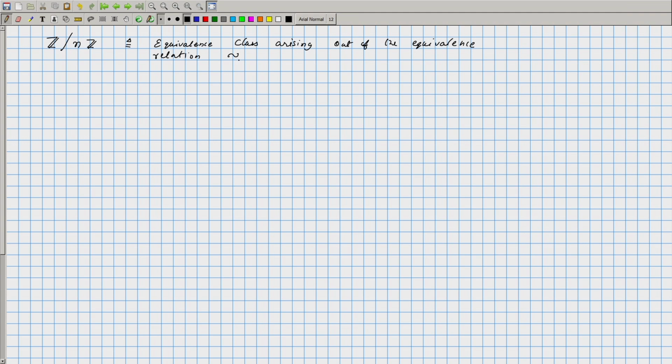Okay. So, I am going to write tilde n because we say that A is related to B, A tilde n B, if A minus B is a multiple of n. Okay. So, this is dependent on the particular n that you choose, and Z mod nZ, that is how this is read. So, Z mod nZ is going to be the equivalence classes arising out of this particular relation.